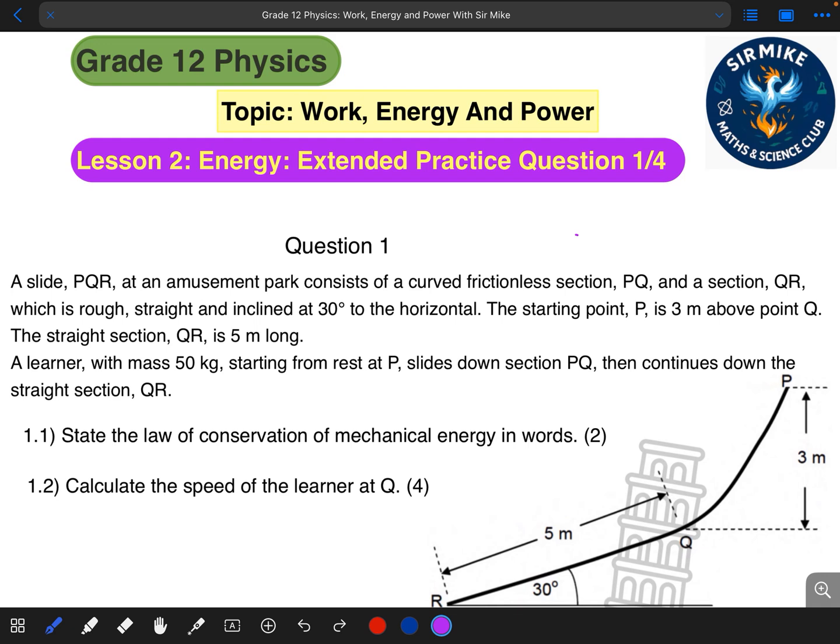In this video, we'll be looking at an extended practice question. Remember, in the previous lesson we looked at energy. In the first lesson, lesson 1, we looked at work. In the second lesson, we looked at energy, and we covered quite a lot in that section. This video is dedicated to what we did in the previous lesson, so if you haven't watched that video, be sure to refer back to it.